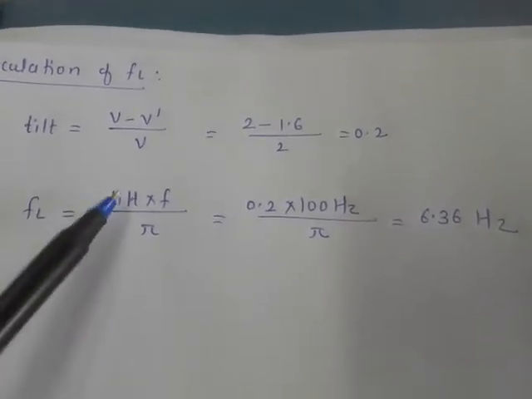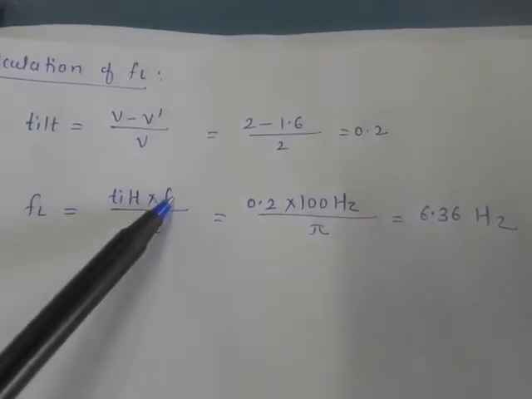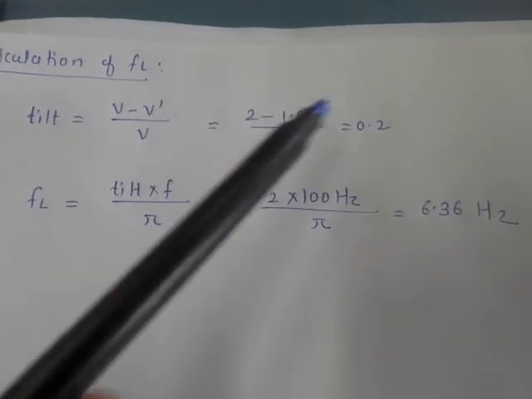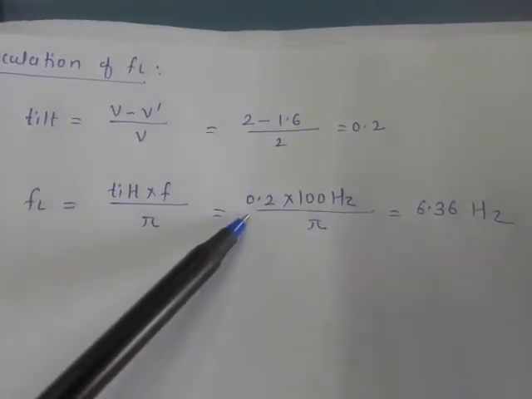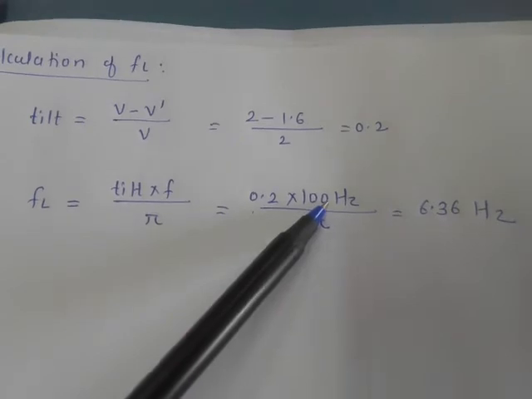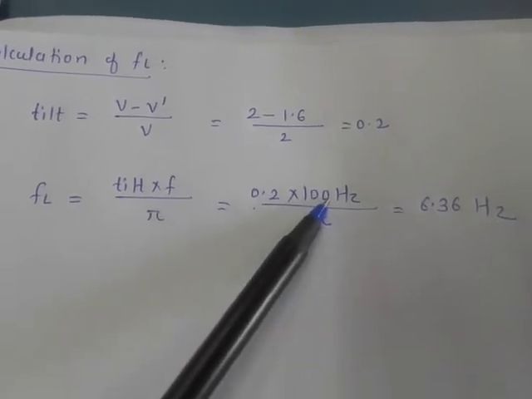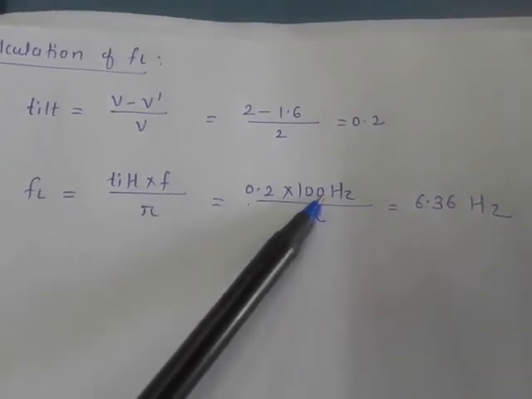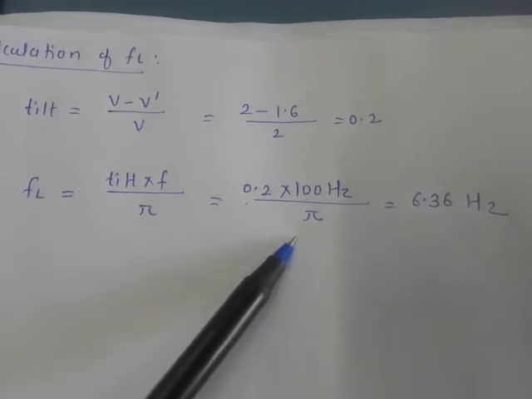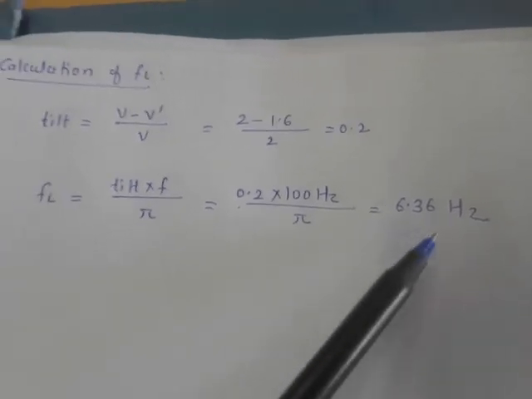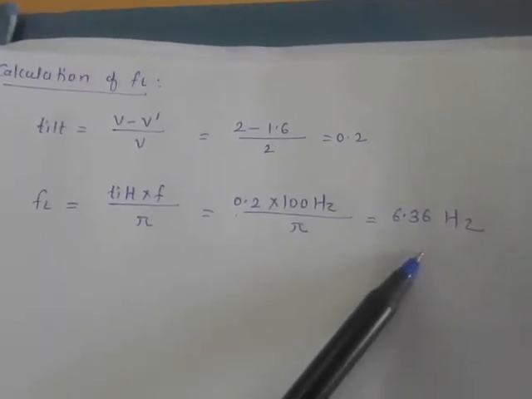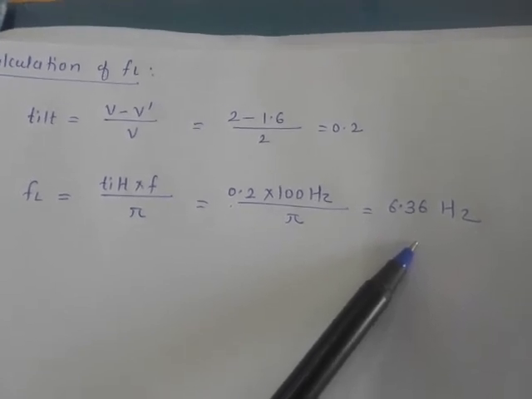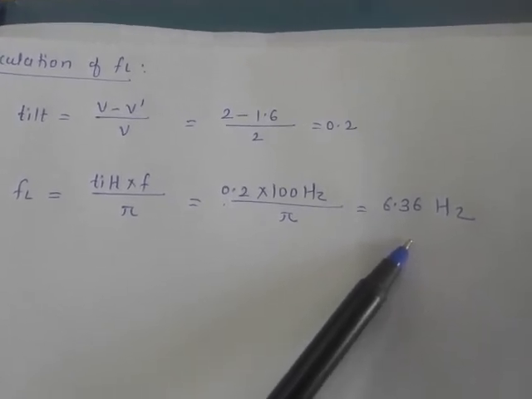The formula is tilt into the set frequency upon pi. So tilt, as we have calculated, is 0.2. The set frequency, that is the frequency of the input signal we applied, is 100 Hz upon pi, and we got for our amplifier the lower cutoff frequency value equal to 6.36 Hz.